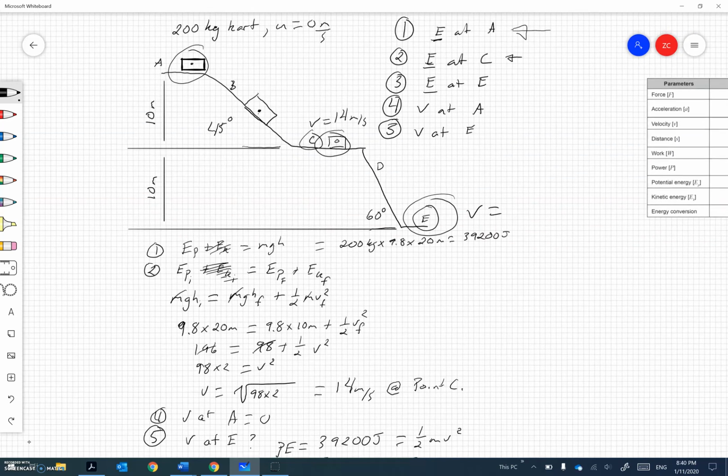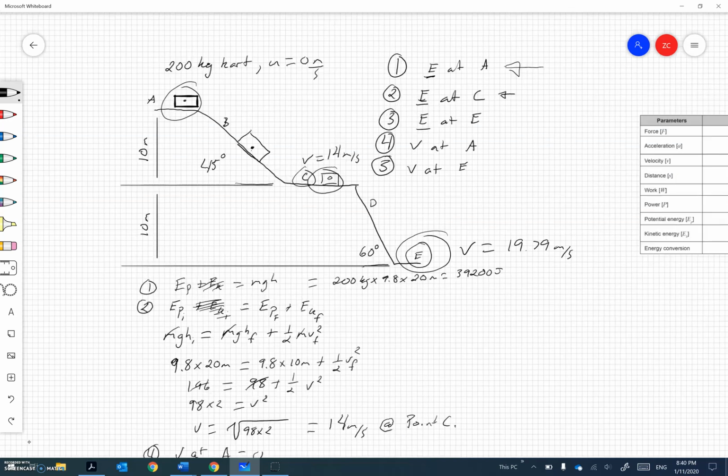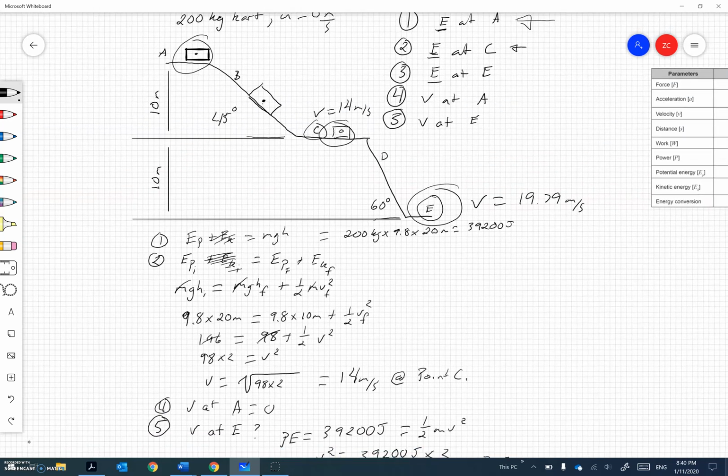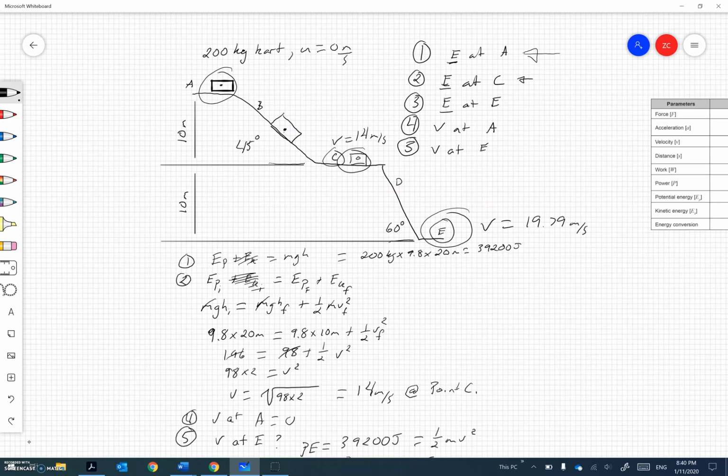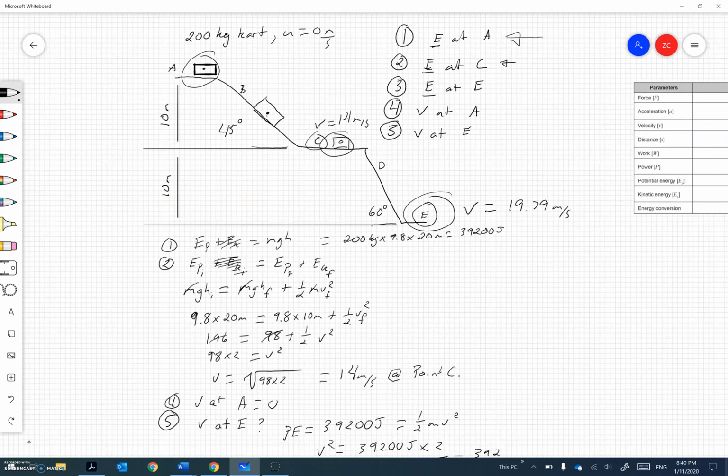So right here, our velocity is 19.79 meters per second. So just a couple ways to think about it: it has the same energy at all stages, just the energy transfers.